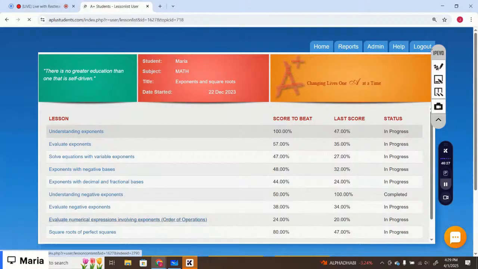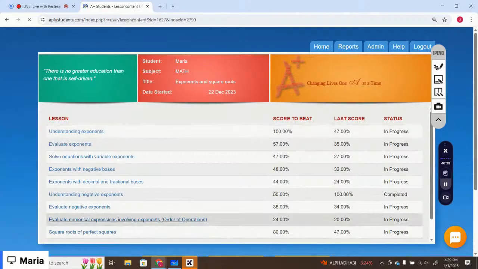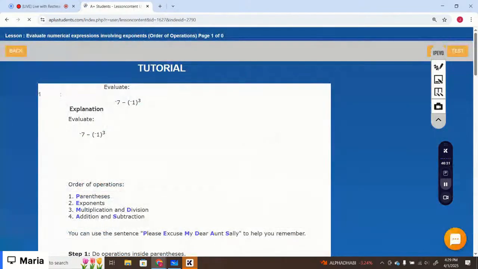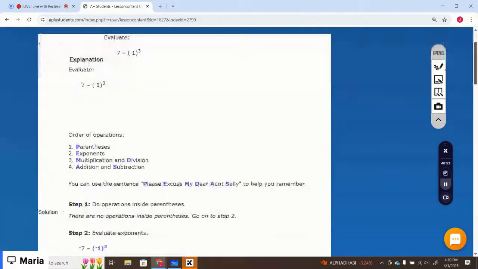Evaluate numerical expressions involving exponents. We have to follow the order of operations.